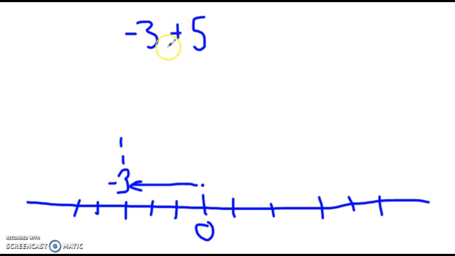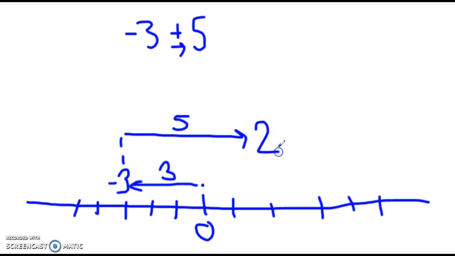Plus means to the right, 5 units: 1, 2, 3, 4, 5. That has left me at the answer of 2. And so that will be my answer.